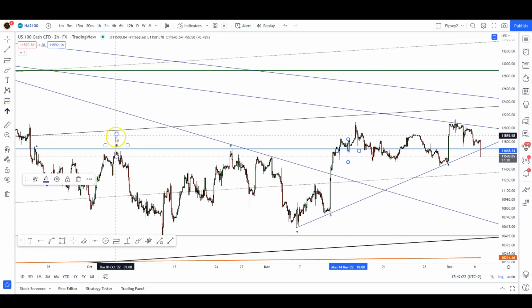So it's just been tap dancing along this 50% area.